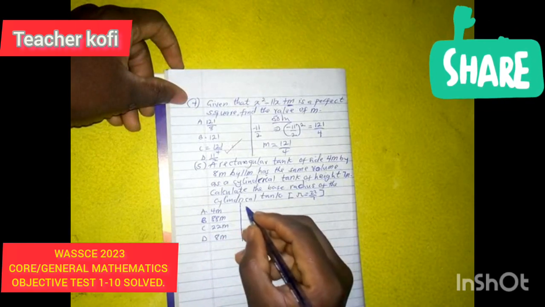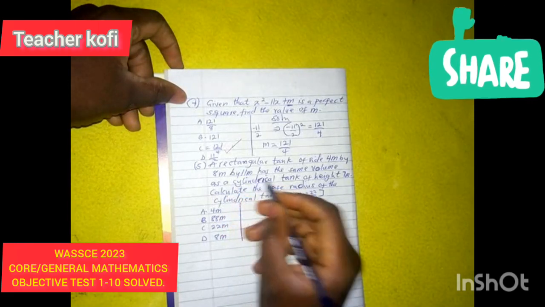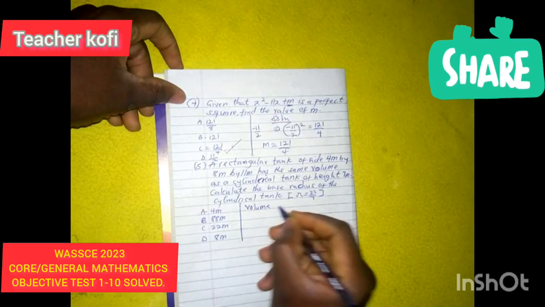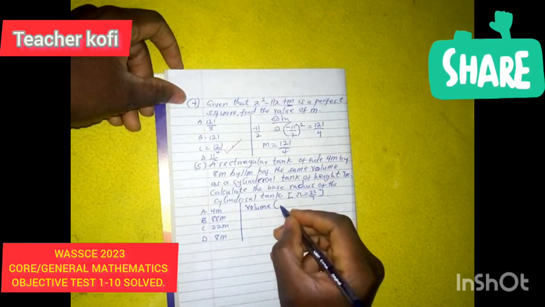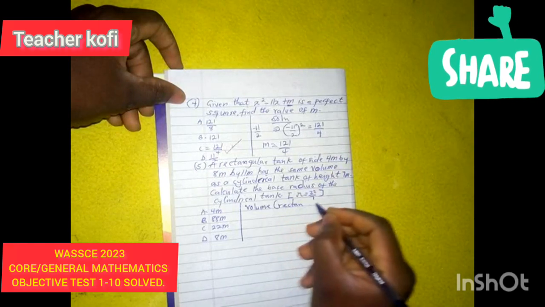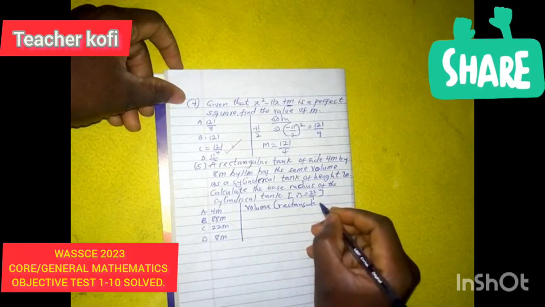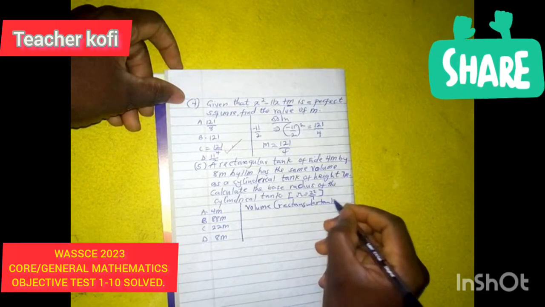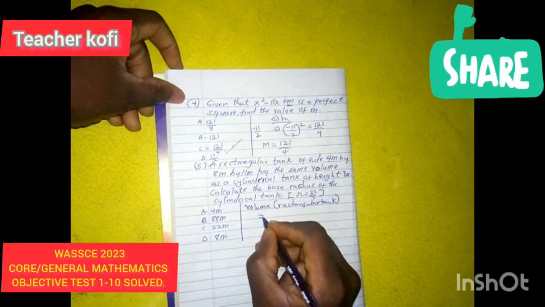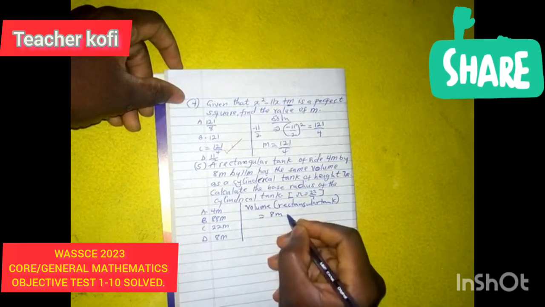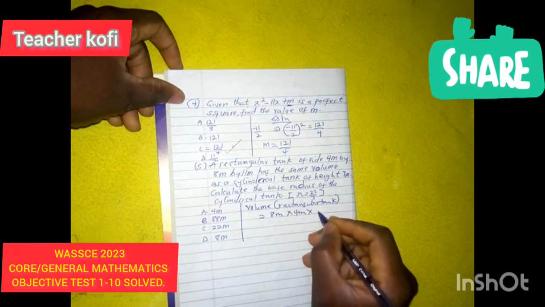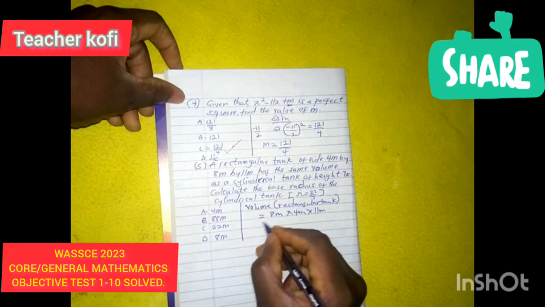To solve this, first of all, we have to find the volume of the rectangular tank. Volume of the rectangular tank is equal to 8 meters times 4 meters times 11 meters.